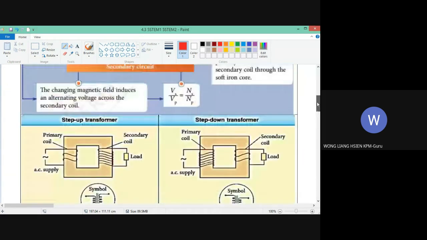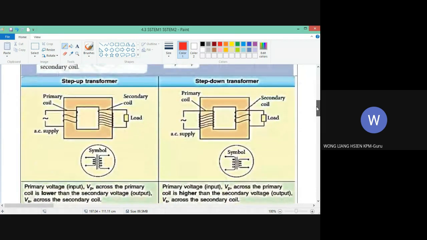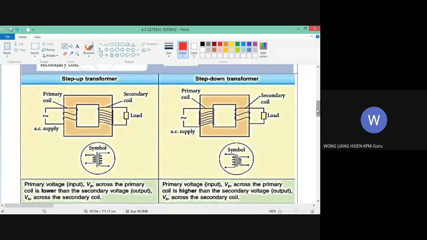So today we will continue a little bit. We know that for transformers, there are step up transformers and step down transformers. How can we identify which is a step up transformer and which is a step down transformer?